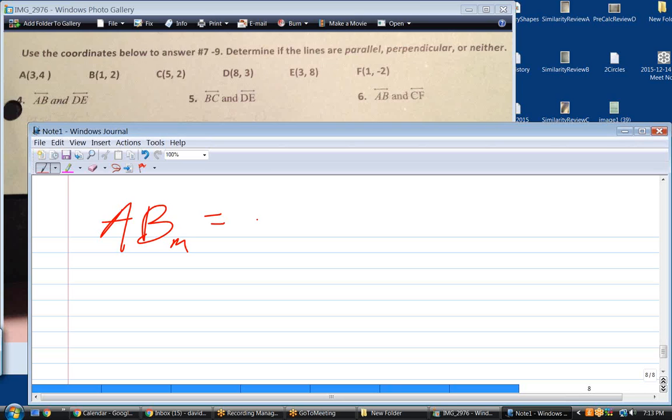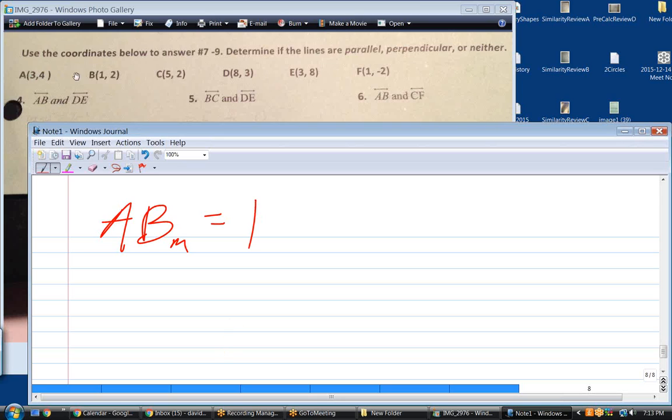So negative 2 over negative 2? Yeah. Which is? 0? No. Any number divided by itself is 1. So the slope is 1.